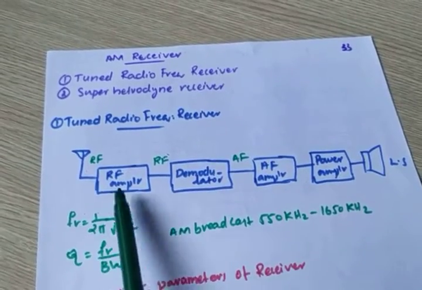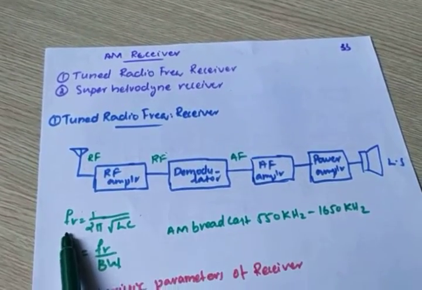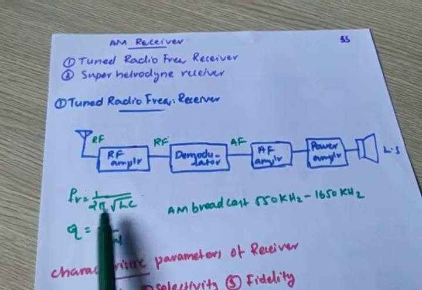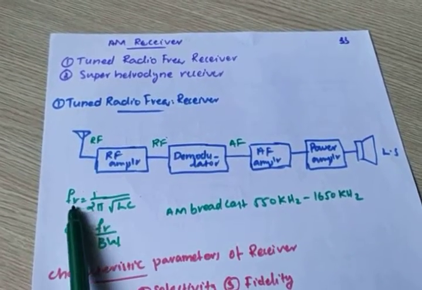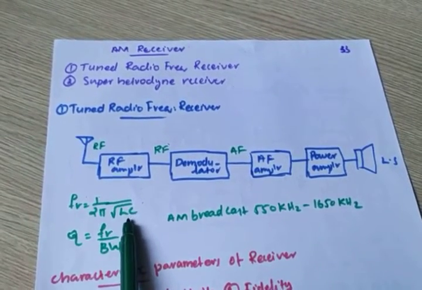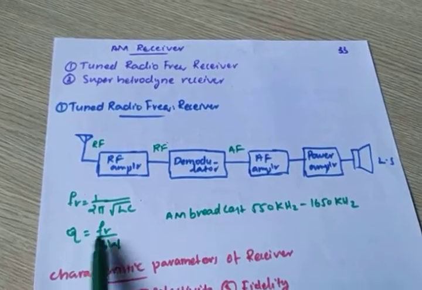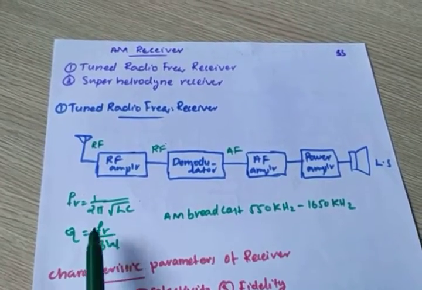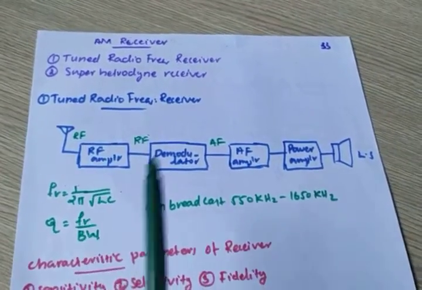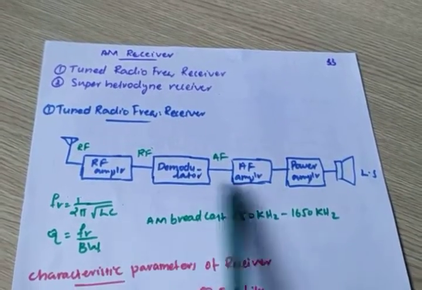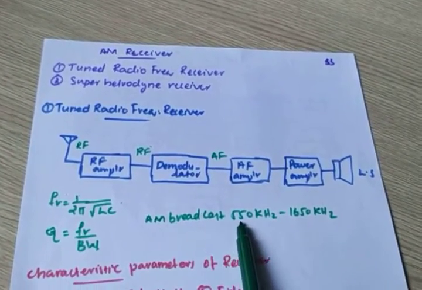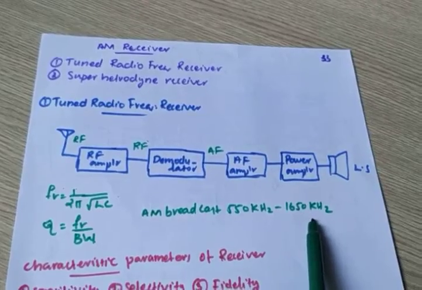The tuned amplifier has a resonant frequency fR equal to 1 by 2 pi root LC, and this frequency is determined by the L and C components. The quality factor of this tuned circuit is resonant frequency divided by bandwidth, which you know. In AM broadcasting, the broadcasting frequency range is from 550 kHz to 1650 kHz.